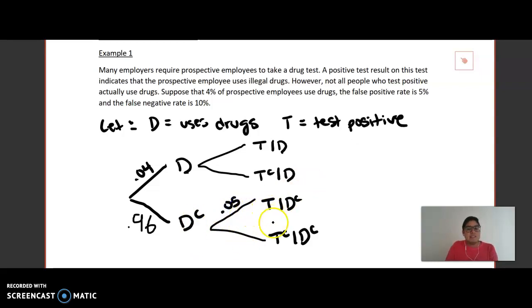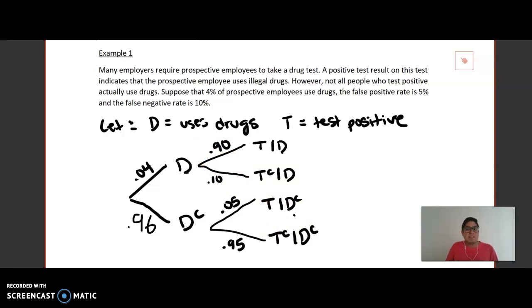And again, T and T naught are complements of one another. So the probability that they test negative, given that they do not use drugs, is fairly high at 0.95. And then the false negative, meaning that the test doesn't pick up that they use drugs, but they actually use drugs, that's about 10%. Which means, again, by the complement rule, the probability of testing positive given that they use drugs is about 90%.